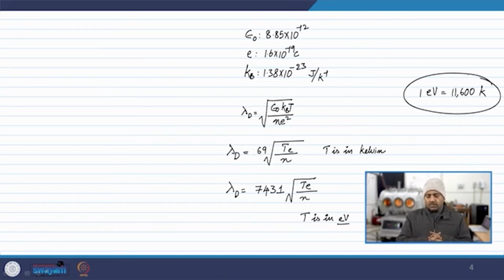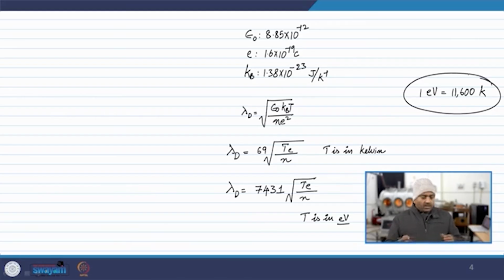And now we have an expression for the Debye length. Debye length is very important in characterizing plasma. What kind of plasma is it? Is it a very strong plasma, or can we call a particular ionized gas a plasma, or should we call it a gas? In order to make this difference, we need the measure of Debye length for a particular plasma, right.